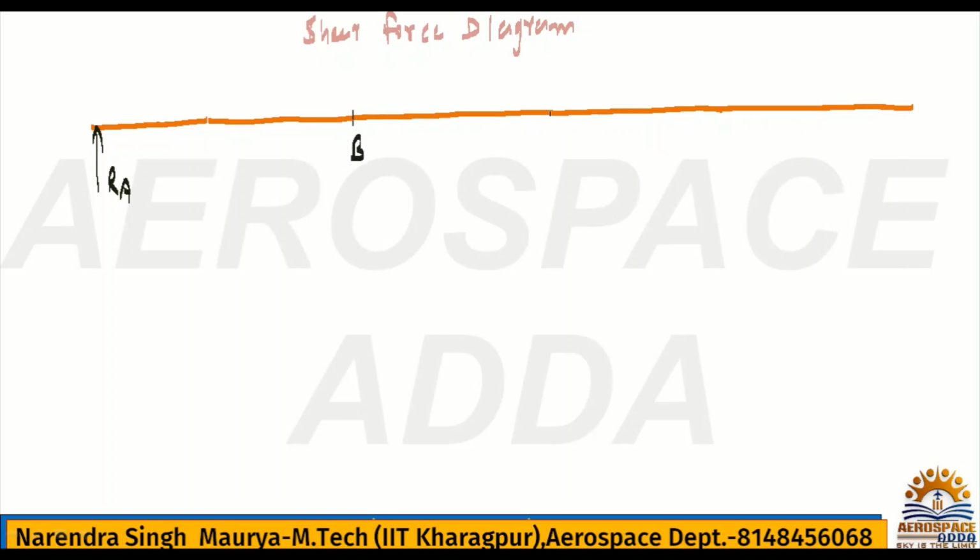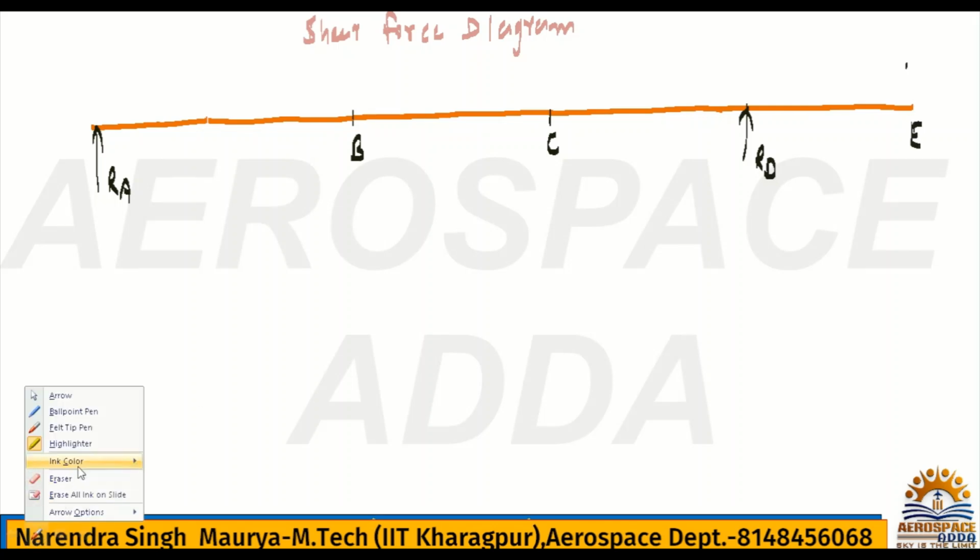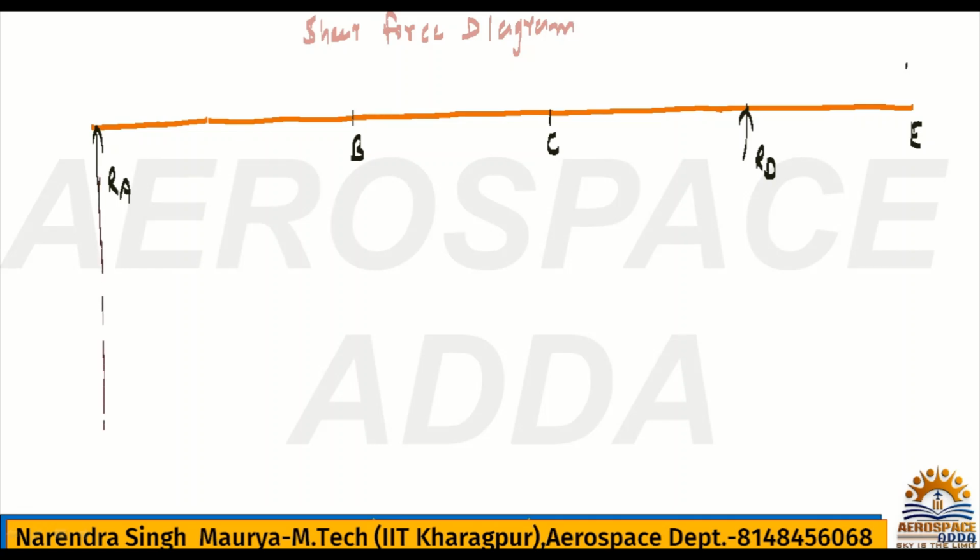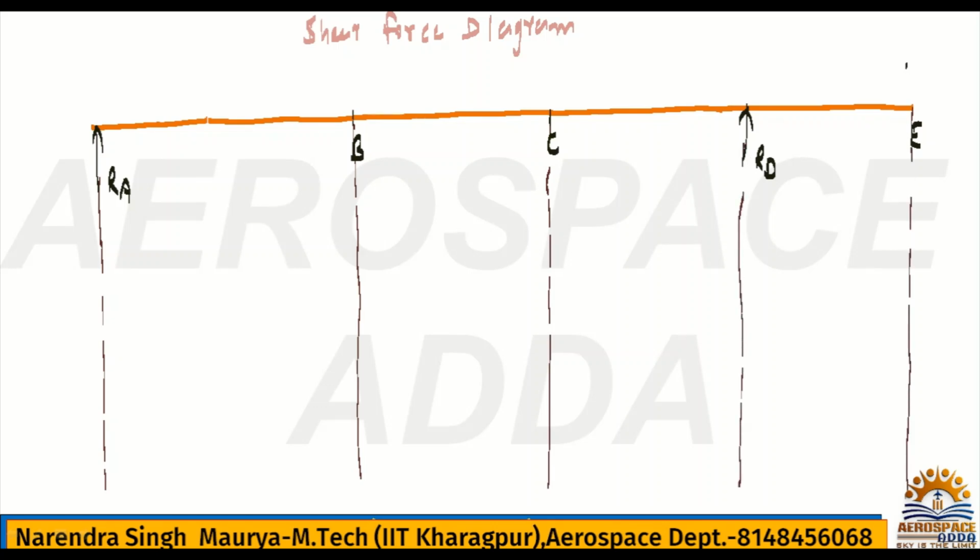Somewhere here this is C, somewhere here this is RD, and somewhere here it is P. All points you need to extend downside, something like this.